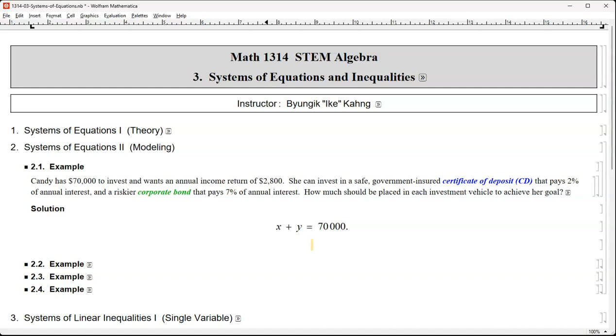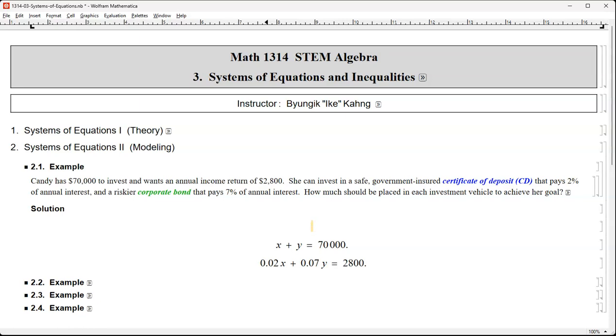So how much and how much? We have 2% and 7%, so we have 2% of X plus 7% of Y adding up to 2,800. Does it make sense? Putting these two together, you can model like this.